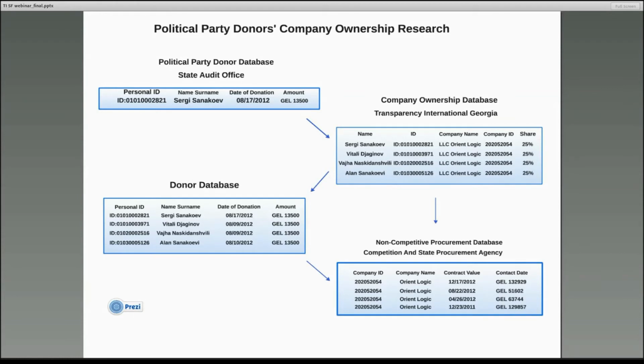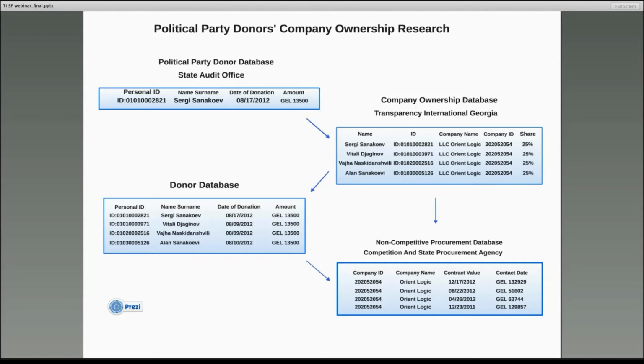Then we took this information, specifically the personal ID, and put that in our company ownership database. And we discovered that Sergei Sanakoev owns 25% of the LLC called Orient Logic. And he owns that with three other persons, Vitaly Jakinov, Vasha Naskidashvili, and Alexander Koevi, and each of those persons owns 25% of this company.